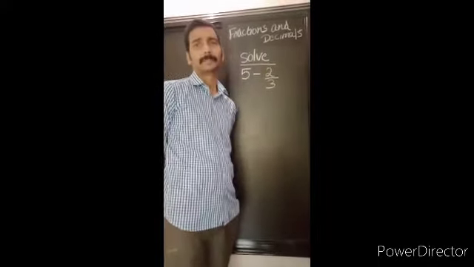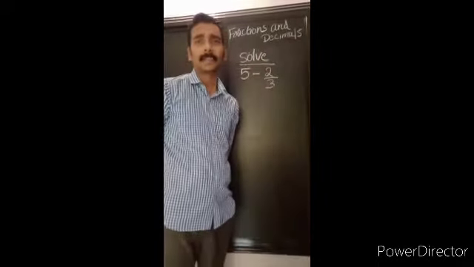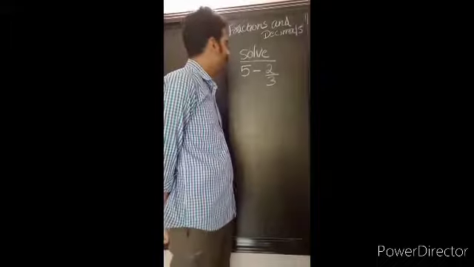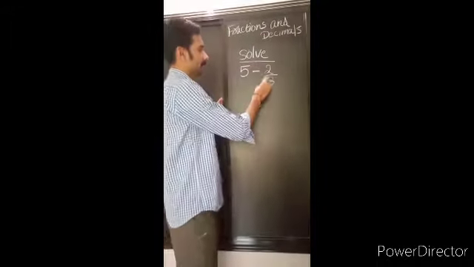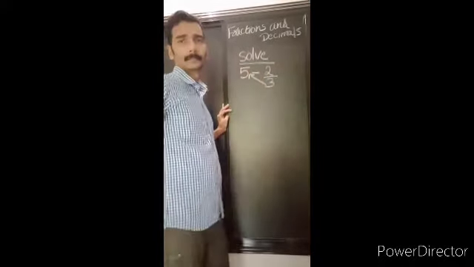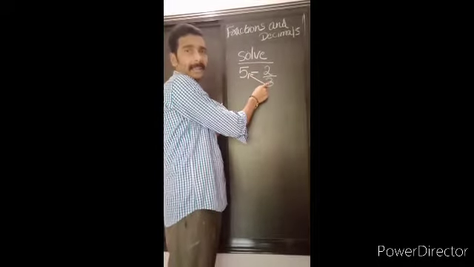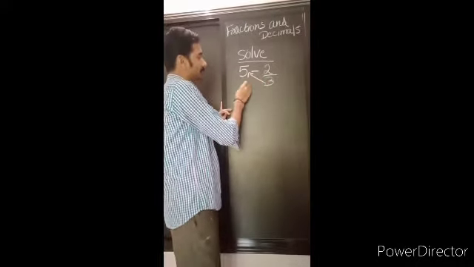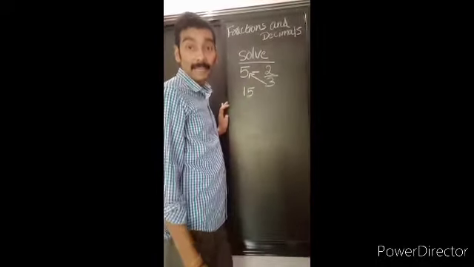The first question is, solve 5 minus 2 by 3. In this type of question, the easiest method is five multiplied by 3, that is 15.